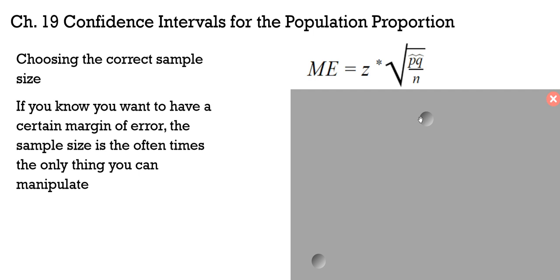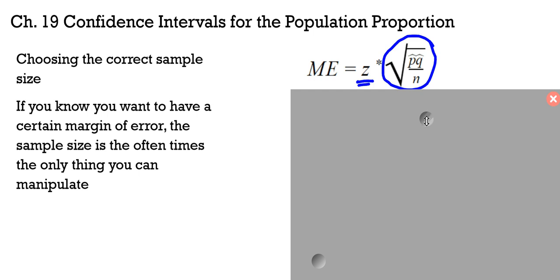And that's just a reminder. This is how many standard deviations we need to go above and below the sample mean to hit our level of confidence. So that's where we start, and we want to figure out what n has to be.